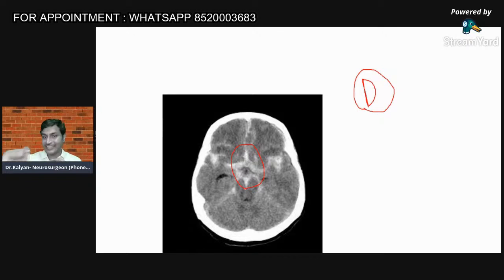Dr. Harsh, yes, SDH. It's not an SAH. What is the answer for D? Where is the blood located?